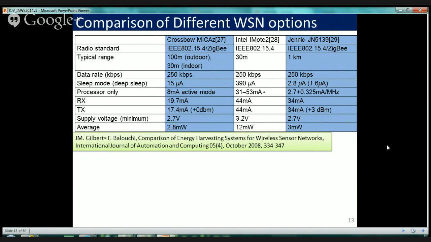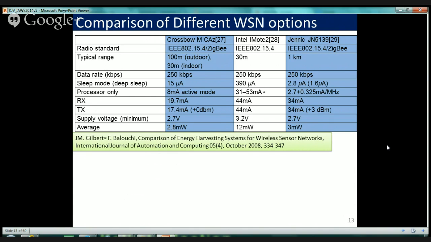But the good thing is that they are not in the communication mode all the time. If you have a scheme with which you accumulate sufficient energy, and then communicate for a few milliseconds, for example, that may suffice in most applications.